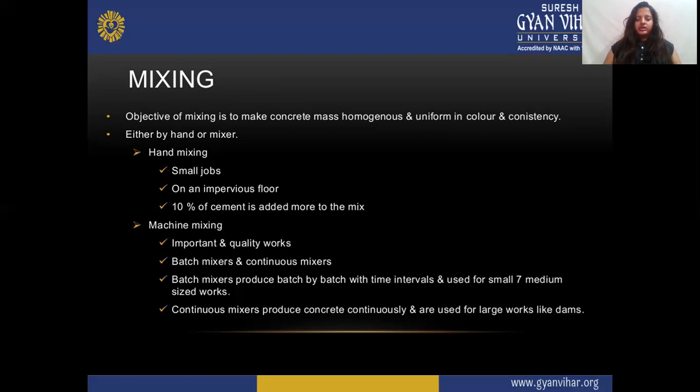Usually, if machine mixers are used at the construction site, it is for comparatively smaller projects. Continuous mixing can take place after an interval of time, and after one batch, it can be prepared into many batches where you can achieve approximately the same quality of concrete. The continuous mixers produce concrete continuously and are used for large works like dams.